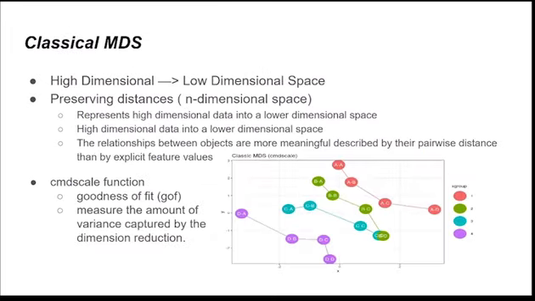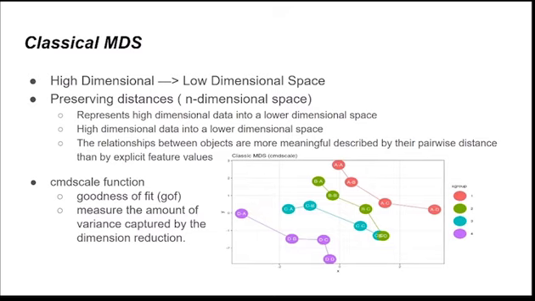Classical MDS, also known as classical multidimensional scaling, is one of the methods of dimensional reduction. MDS aims to represent high-dimensional data in a lower-dimensional space by focusing on the pairwise similarities between data points.